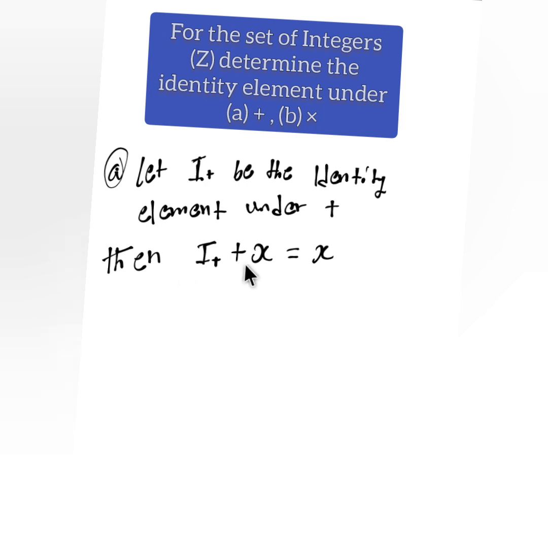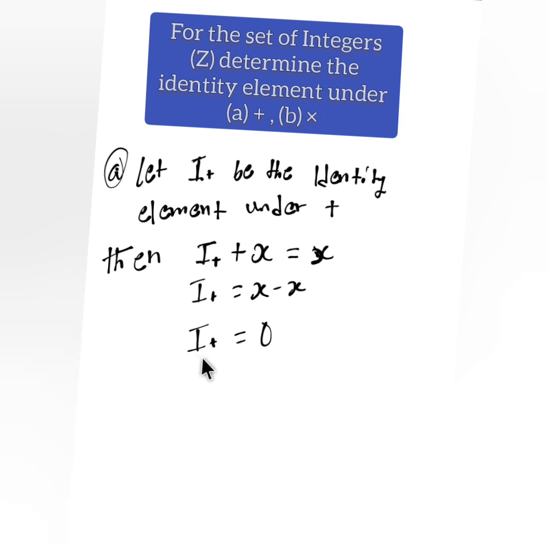Now we're going to solve this equation. From this equation, we'll be able to get the value for the identity element. Now, if identity element plus x gives us x, if I simplify by taking like terms, the identity element will be equal to x minus x. Since we take this x to the other side of the equation, we have that the identity element under addition will be equal to 0. And that is it.